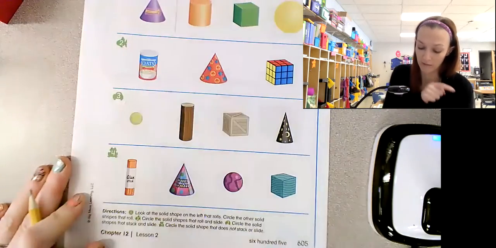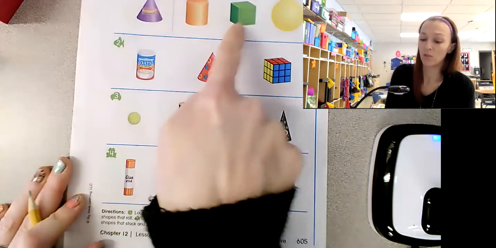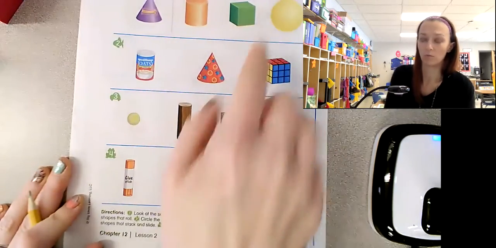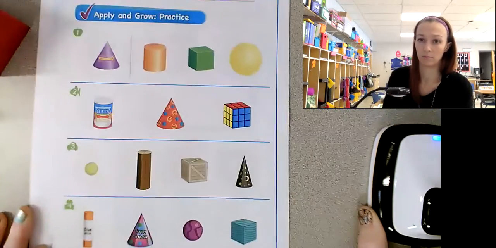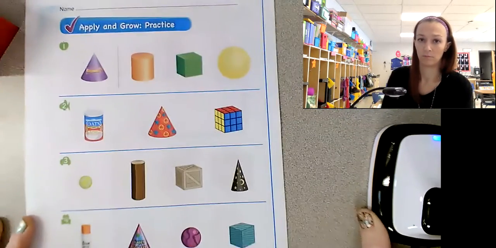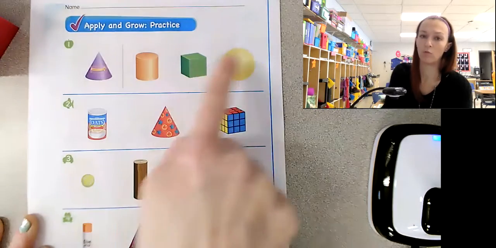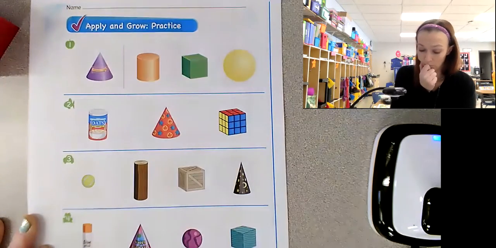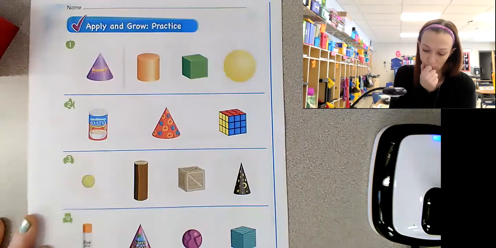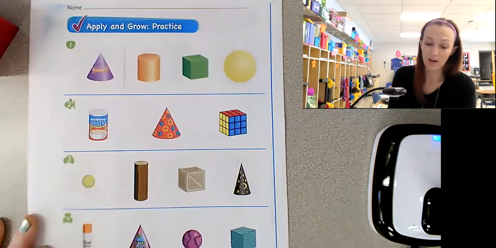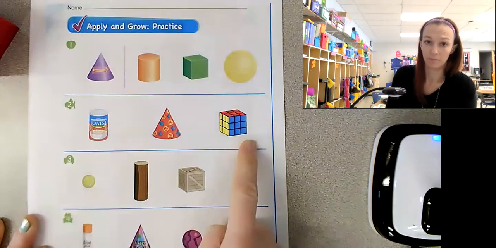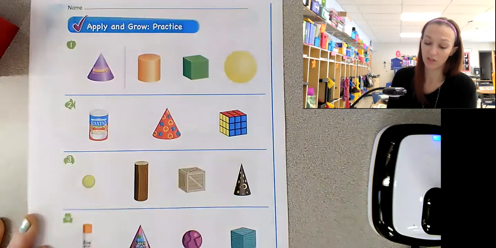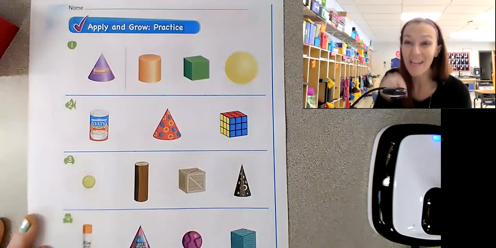This one rolls. Circle which ones you think would roll. Which ones will roll? Okay, now in this one, you're going to circle the solid shapes that roll and slide.